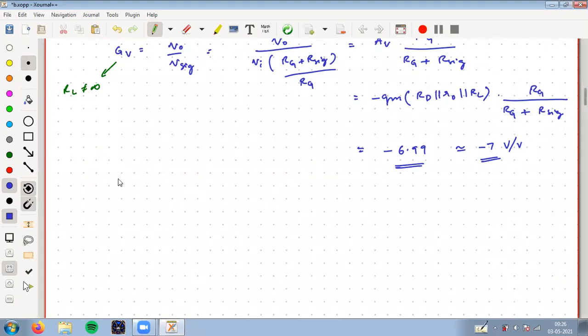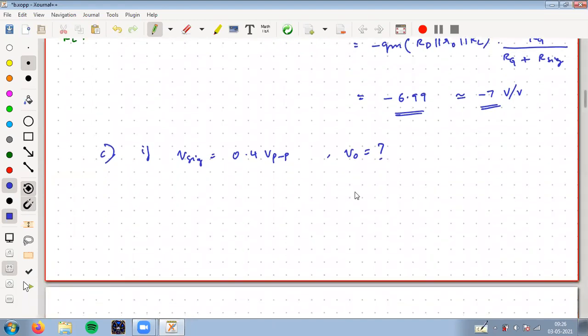And the C part says that if V signal is 0.4 volts peak to peak, what is V0? I think it is fairly simple. We already found GV to be minus 7, so that is V0 divided by 0.4 peak to peak.